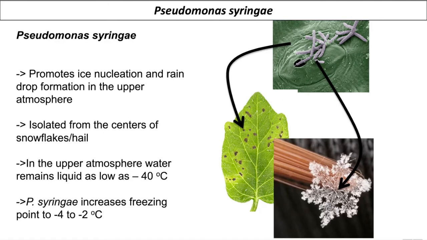Okay, so Pseudomonas syringae has some pretty cool abilities. It's able to promote ice nucleation and raindrop formation in the upper atmosphere. You can actually isolate this organism from the center of snowflakes or hail. It's easier from hail.